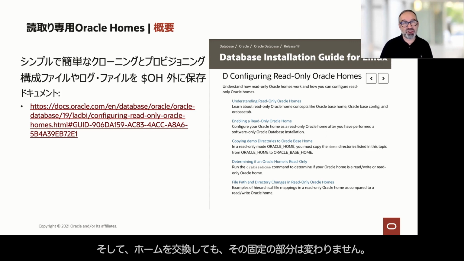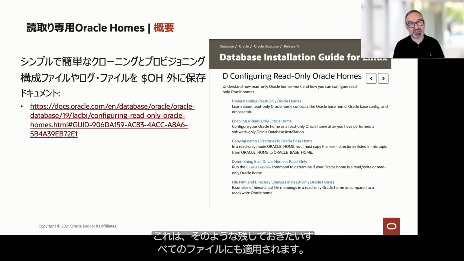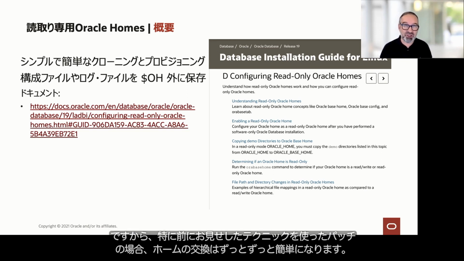When you exchange the home, that steady part will stay constant. So you don't have to copy over your tnsnames and your listener.ora over and over again to a new home, and this applies to all the files you would like to keep. So it makes exchanging the homes, especially when you patch with the technique I showed you before, much, much easier.